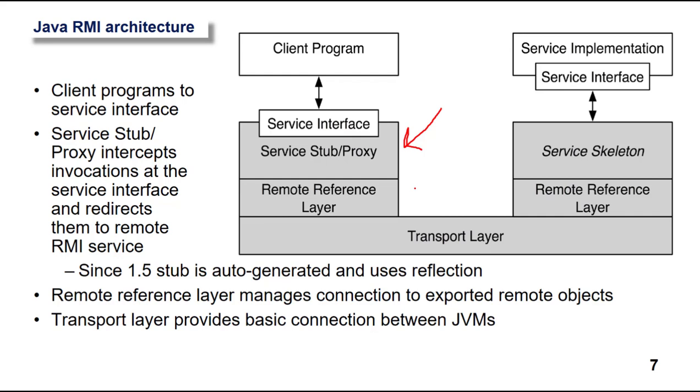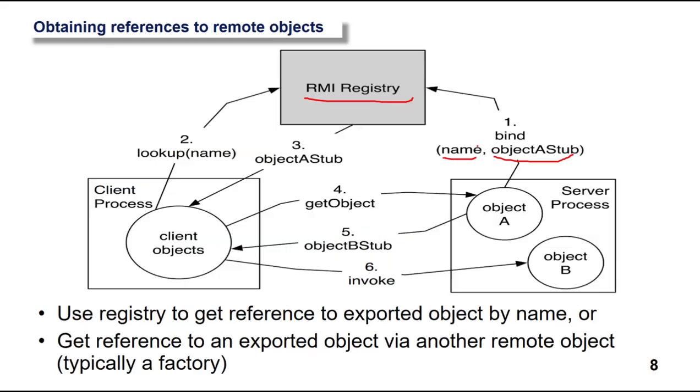Both the skeleton and the stub are generated by the server, and the first stub that the client wants to access is placed into this registry, which, as I said, acts like a telephone book.